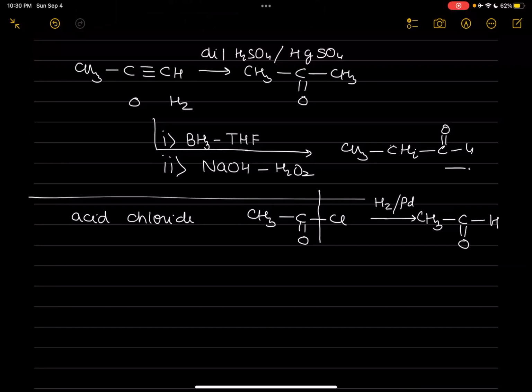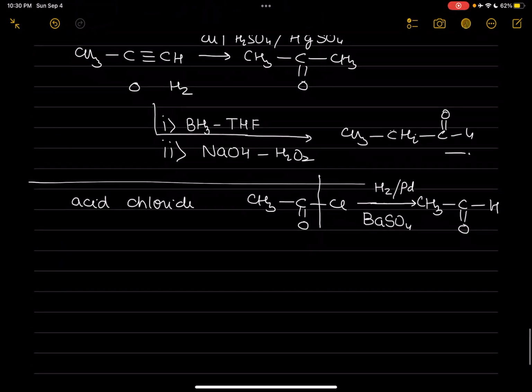You don't want complete reduction, you want just the reduction of Cl. So you take a poison also, BaSO4, so that the reduction doesn't happen completely, because that would give you alcohol.